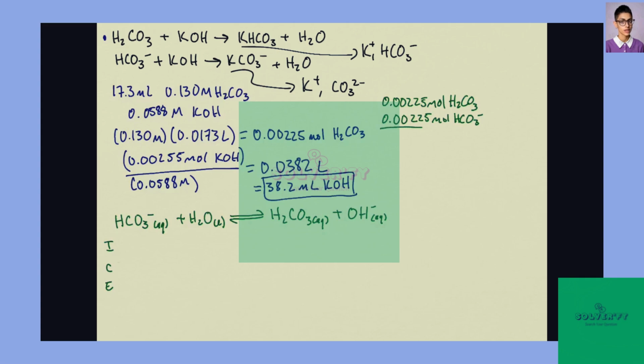So we divide this by our volume, which will be our original volume of H2CO3, which is 17.3 milliliters, plus our added volume of KOH, which we calculated to be, sorry, 38.2 milliliters.